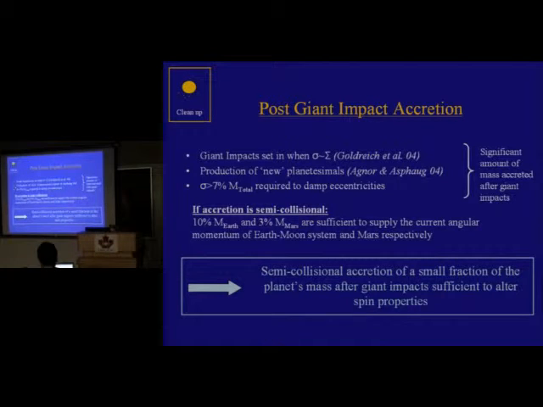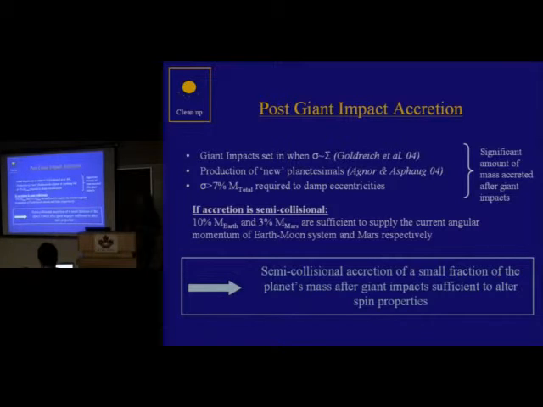And you can also show that around 7% of the total mass of the system still needs to reside in small bodies in order to damp the eccentricities of the terrestrial planets. And if only 10% of the Earth or 3% of the mass would have been accreted in the semi-collisional manner after the giant impacts, it would be sufficient to supply the entire angular momentum of the Earth-Moon system and Mars respectively.